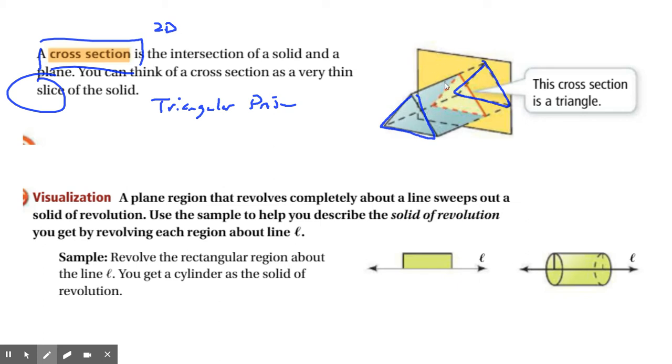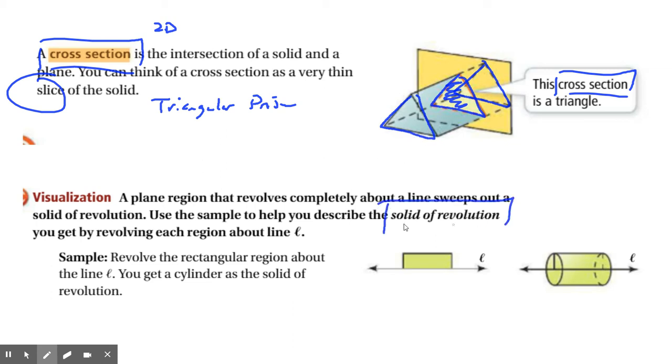Because you are cutting it vertically, parallel to the bases, your cross section is a triangle. Okay. If you were to cut it horizontally, you would see the cross section would be a rectangle because the other faces are rectangles. So your cross section is going to be one of the shapes making up your 3D figure. So keep that in mind.